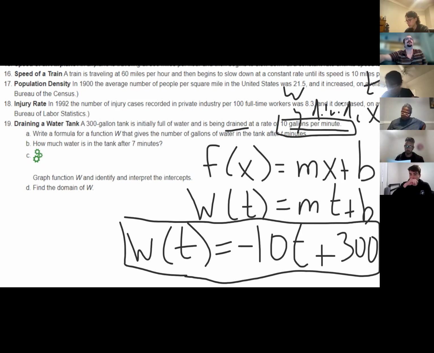That's a little bit of notation you can get down. I want you to know that that -10 is your slope, because that's the rate, and that 300 is the amount we're starting at. So this is my function. We find the formula.